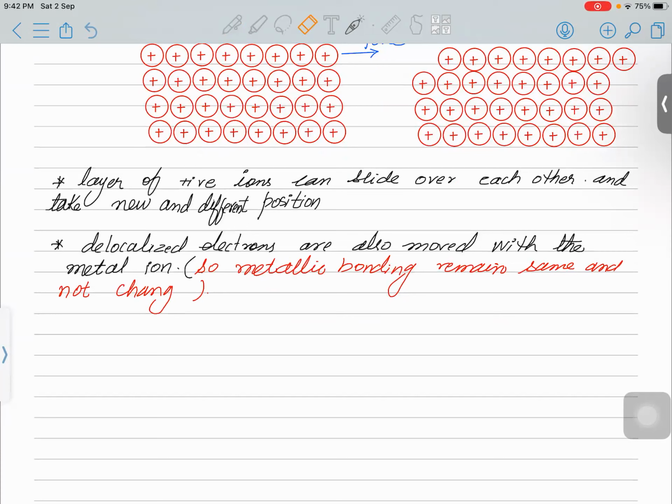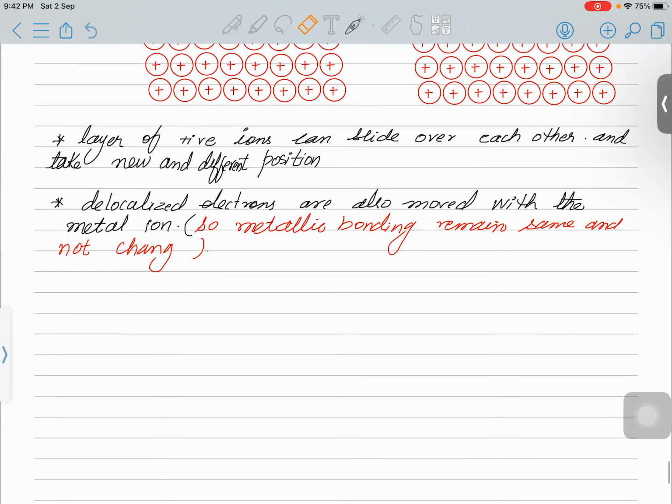Next point. Metallic bonding is not broken by hammering. So it means metals are stronger and flexible.